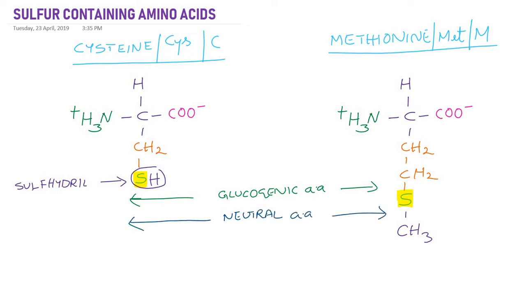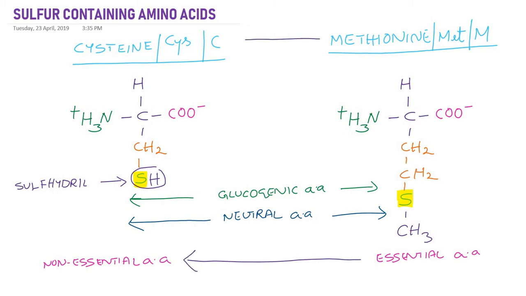Methionine is an essential amino acid. That means our body cannot synthesize methionine, so our diet must be supplied with methionine. Whereas cysteine is a non-essential amino acid. In fact, from methionine our body synthesizes cysteine with the help of another amino acid called serine.